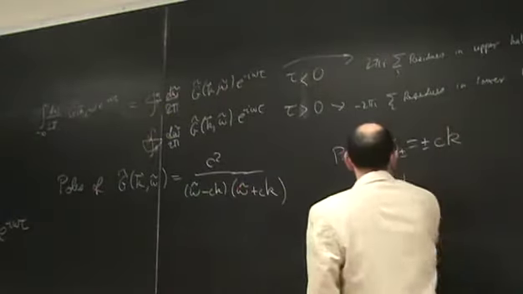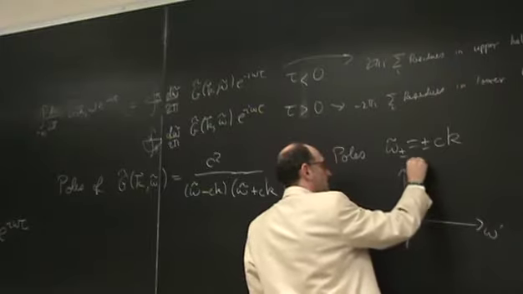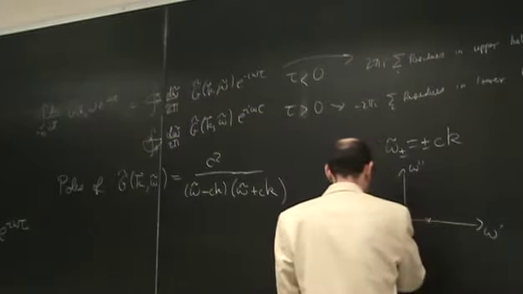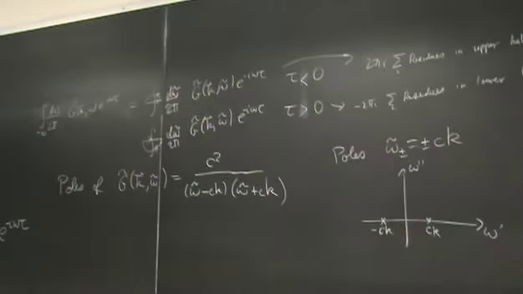That is to say, we have a pole here and a pole here. So the causality is not in the wave equation itself. In fact, it's completely ambiguous.